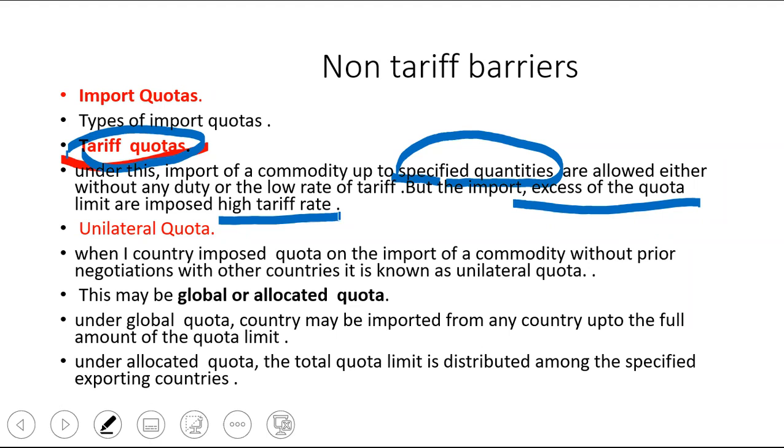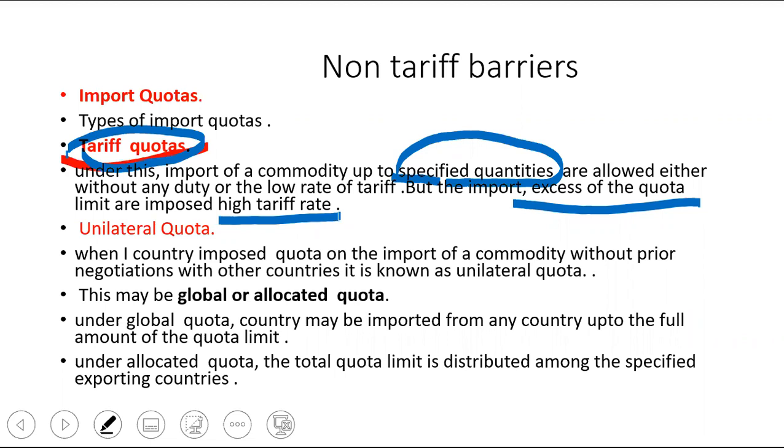Either the duty can be zero or it will be a very nominal amount. I told you you can import up to 2 kilos. All right. Suppose you want to import for another 2 lakh. In that case, क्या होगा? You can import it, but only thing is that जो ये quota के ऊपर है, उसके लिए आपको import duty देना पड़ेगा.